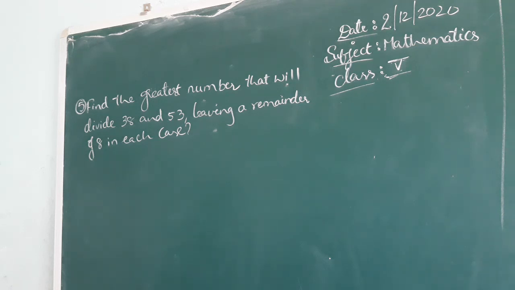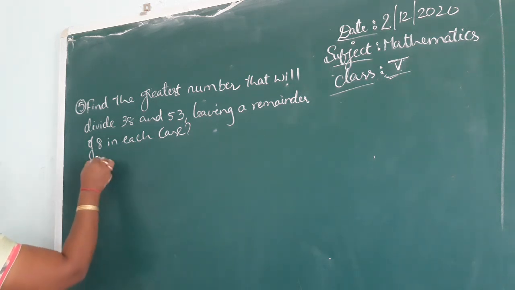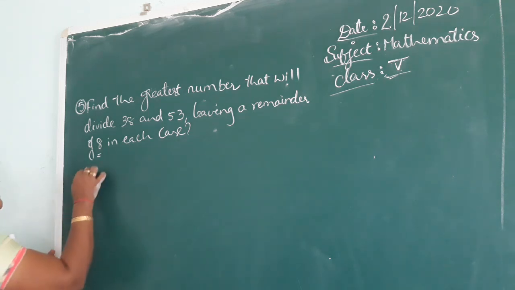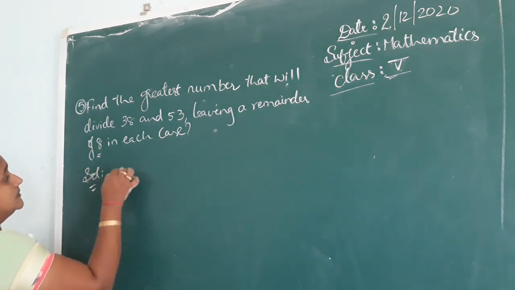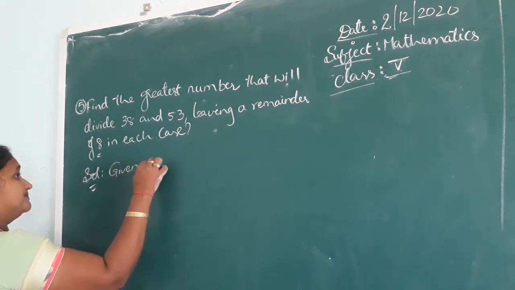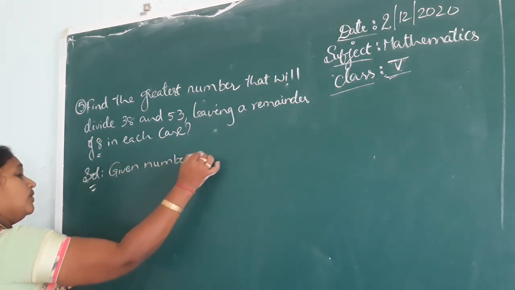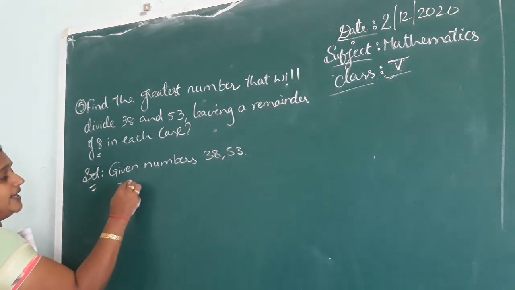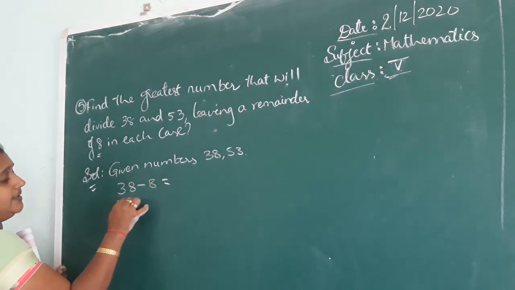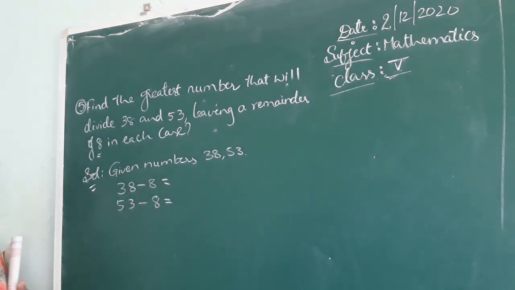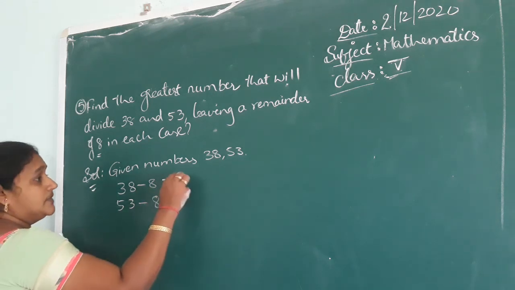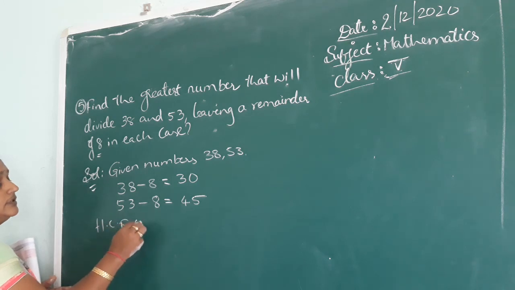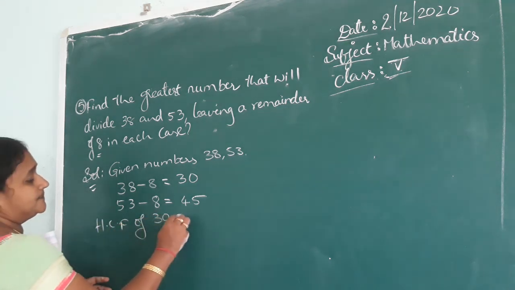That means first you have to subtract 8 from the given numbers, 38 and 53. 38 minus 8 is 30, and 53 minus 8 is 45. Now you have to find the HCF of 30 and 45.